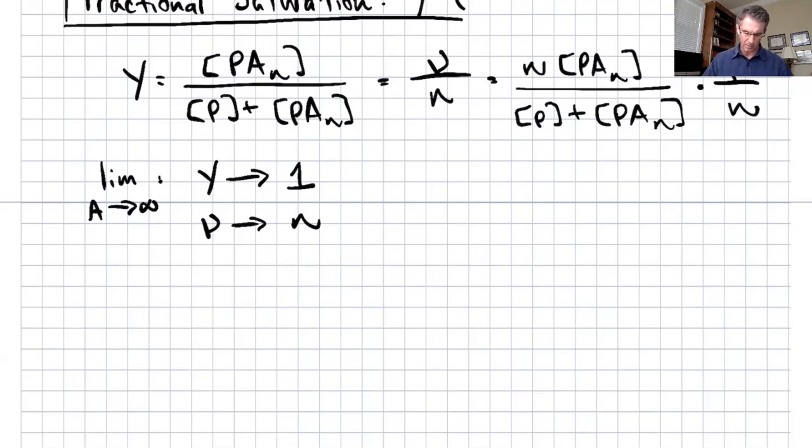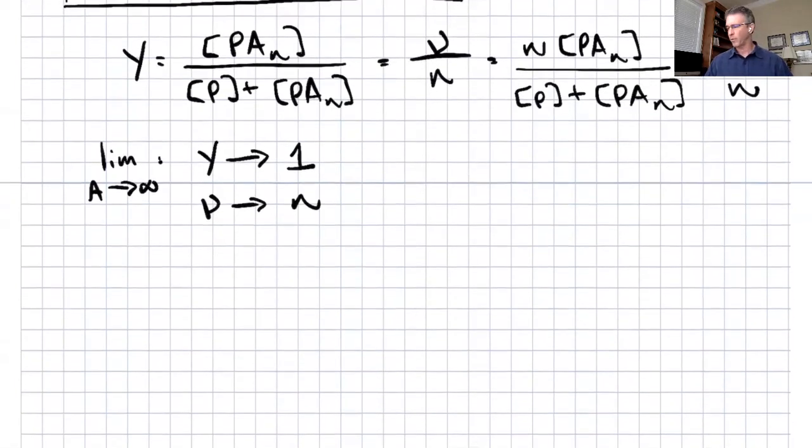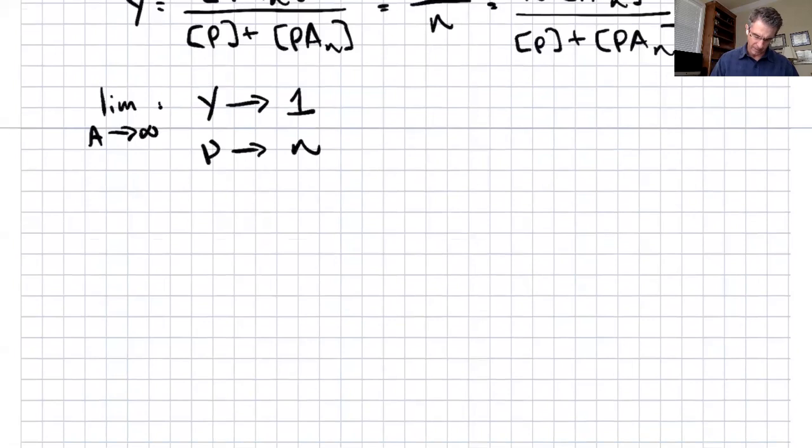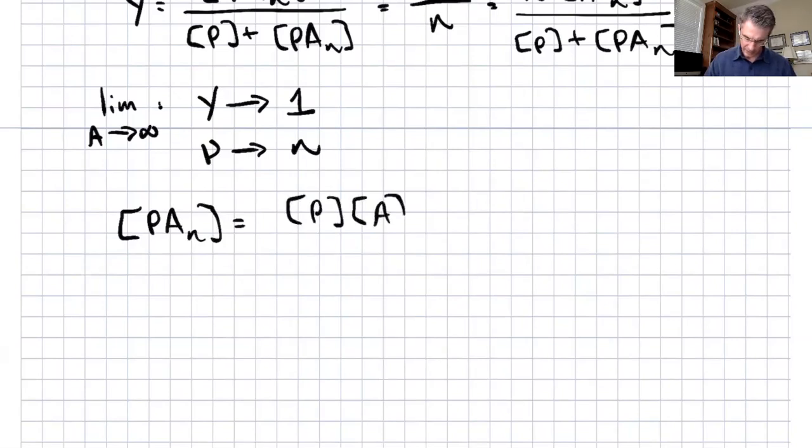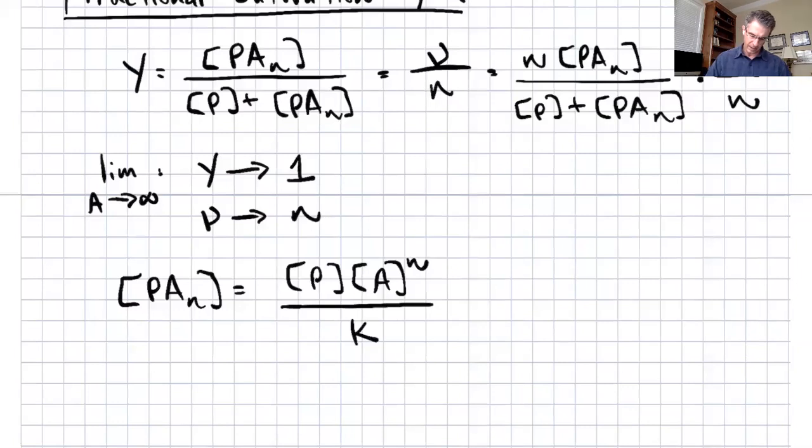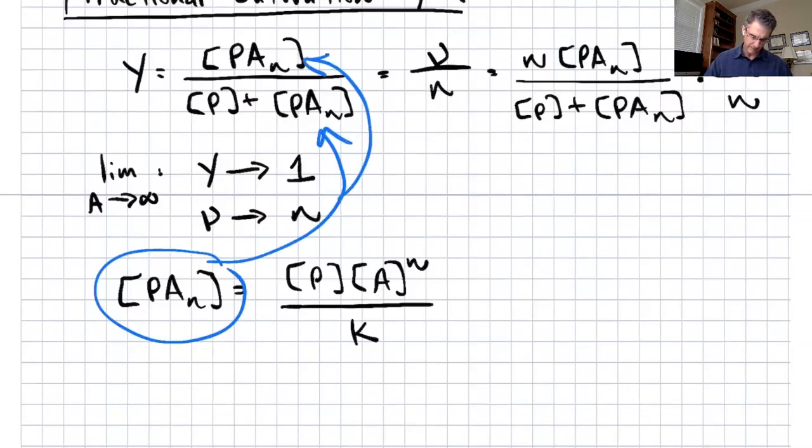Same basic procedure for this derivation. It means our fully liganded molecule is simply equal to the concentration of P times the concentration of A to the N divided by K. That's cool.